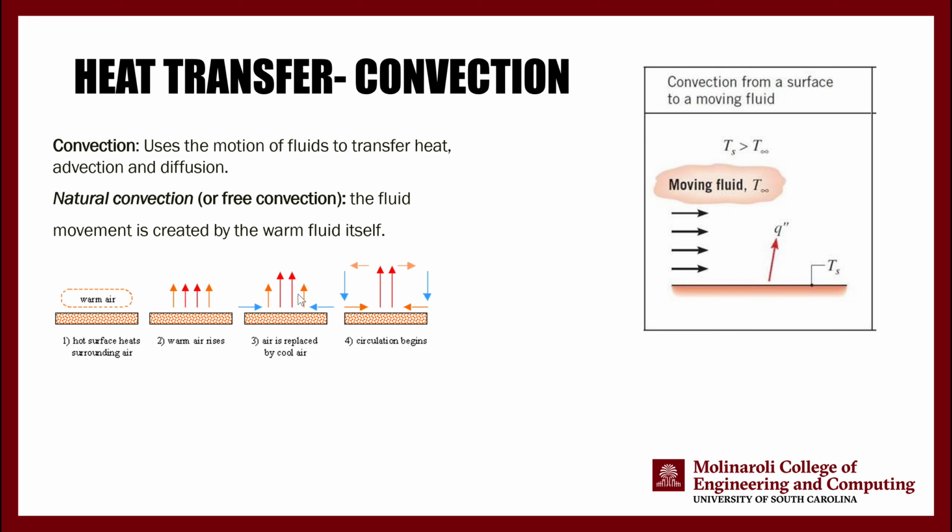That high energy fluid is going to move up and be replaced by a lower energy fluid. So just by the act of heating up a gas or a liquid, any fluid in general, you are going to cause some sort of movement in the gas. That's called free convection.